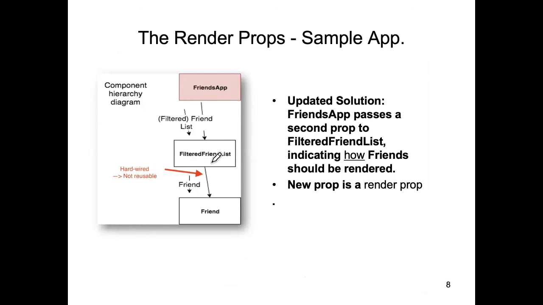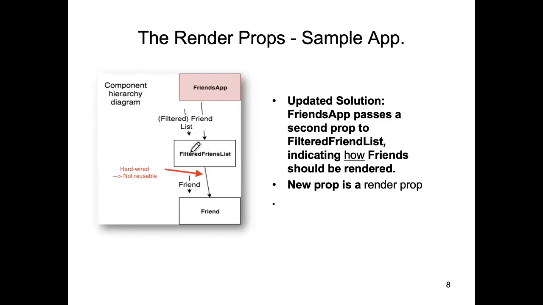You might remember this is the design that we had from last week. Here's my friend component down here. Now, when I talked about this application last week, there was only one way that I could render a friend. And what I'm saying on the image on the left here is that back then, last week, the relationship between filtered friends list and friend was a static relationship.